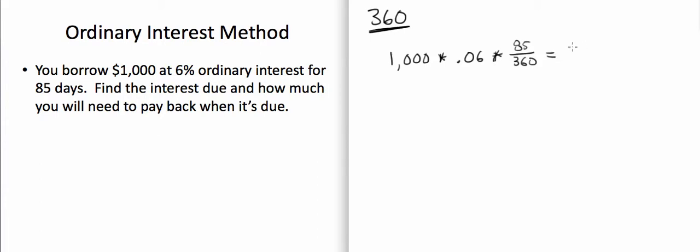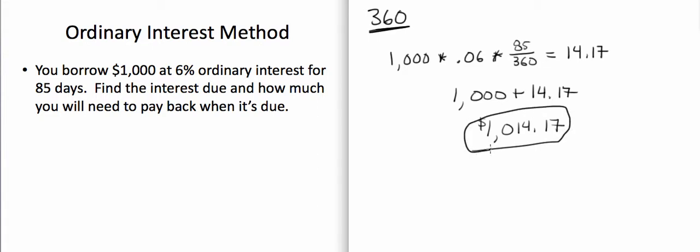We get an answer of $14.17. Makes sense since we're dividing by a smaller number that this number would be bigger. We add that back in to find our amount due. So $1,014.17 becomes our amount due.